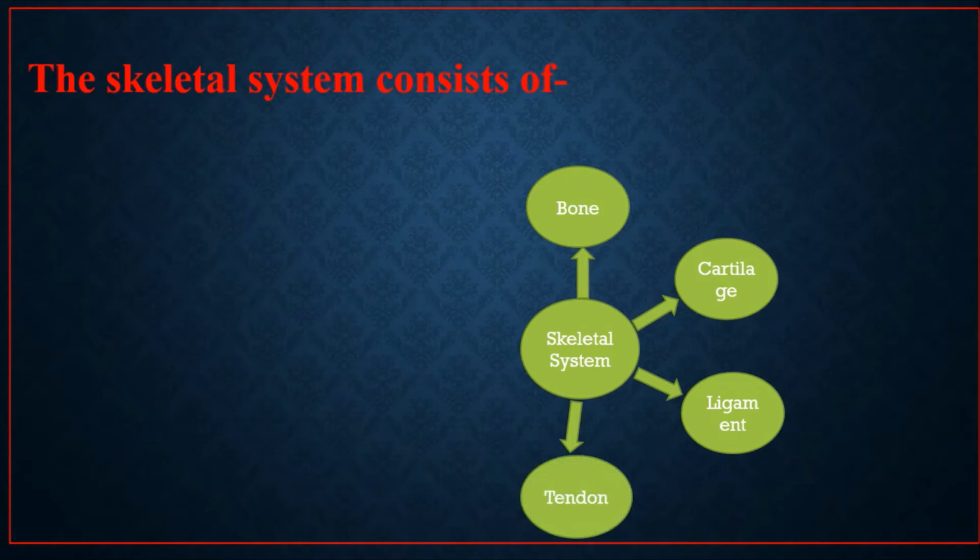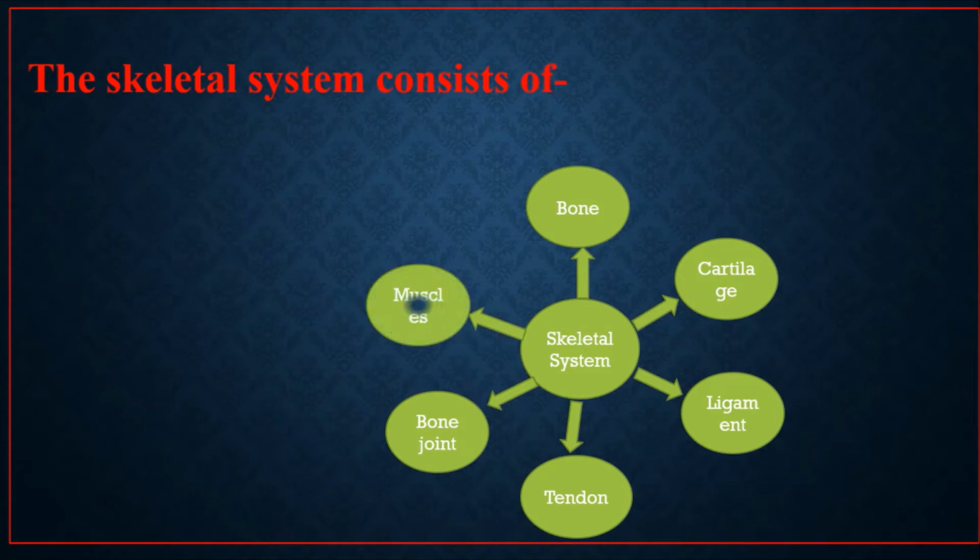Number 4, tendon, which helps to attach bone with our voluntary muscle so that we may move or locomote easily. Number 5, bone joints, which help to move and locomote easily. Number 6, muscles; the contraction and relaxation of muscles helps to move and locomote our whole body. That means a total of 6 parts are there in our skeletal system.